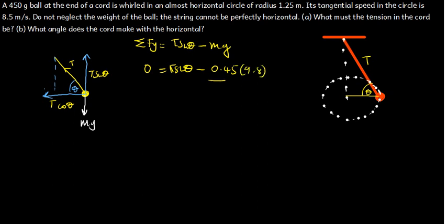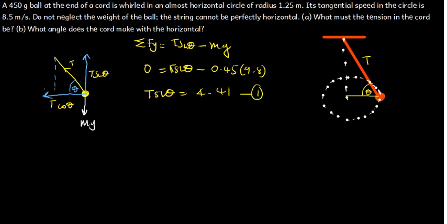This term is negative, so I'm going to take it over to the other side, where it becomes positive. So T sin theta equals 0.45 multiplied by 9.8, which gives a value of 4.41.